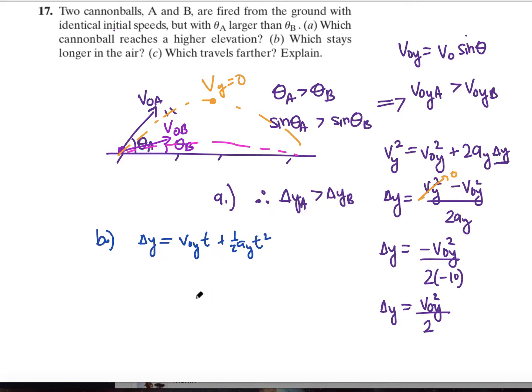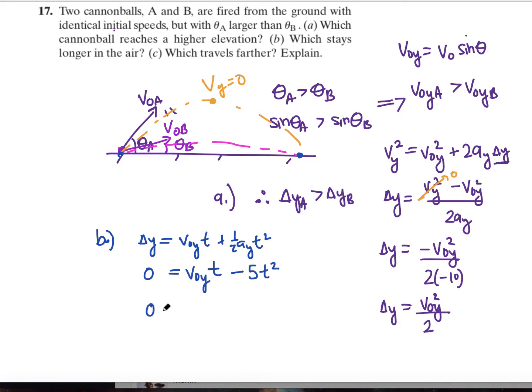And for us, delta y would actually be 0 because we start and end at the same place. Our V naught y, we'll just leave as V naught y right now, and we're going to think about V naught y for A and B separately, times t, which is what we're looking for. And then we'll say, just like we've done in class, minus 5 times t squared.